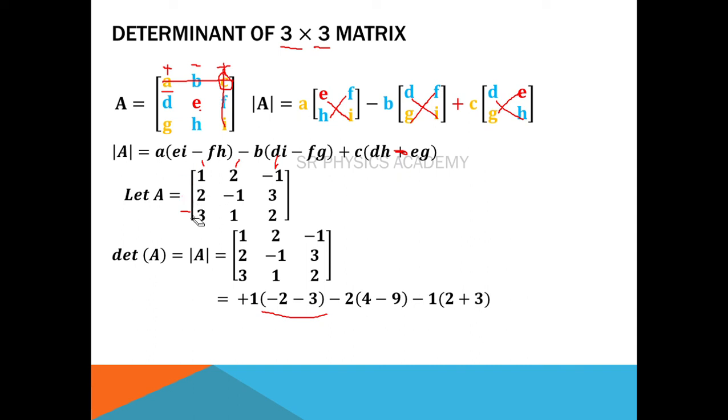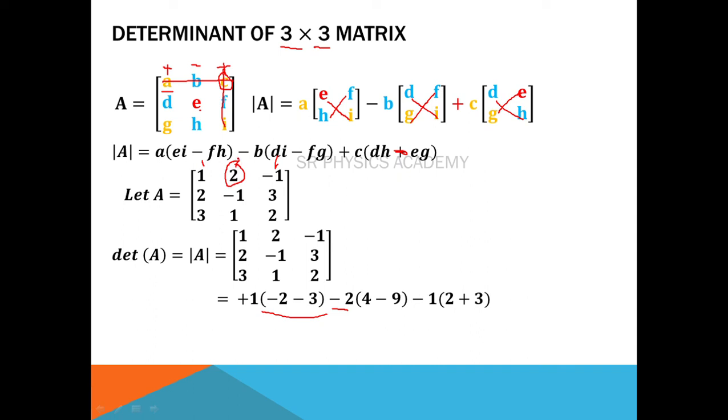The number here is 2, so the element considered is 2. Just like I told you before, first is plus, then alternating minus, plus, minus, plus, minus like that. So here the sign is minus 2.